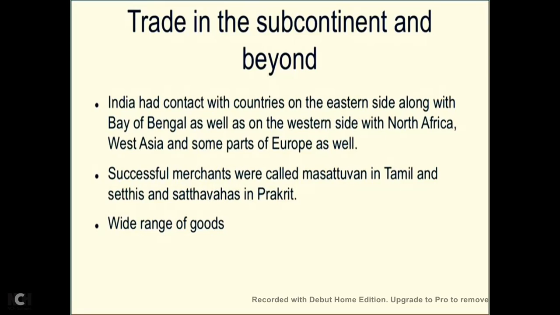At that time, India had a trade relation with the Roman Empire, as textiles and medicinal plants were all transported across the Arabian Sea to the Mediterranean Sea. So a wide range of goods were transported, and the trade was going on with the Roman Empire.